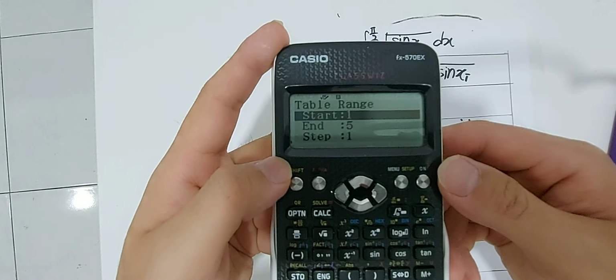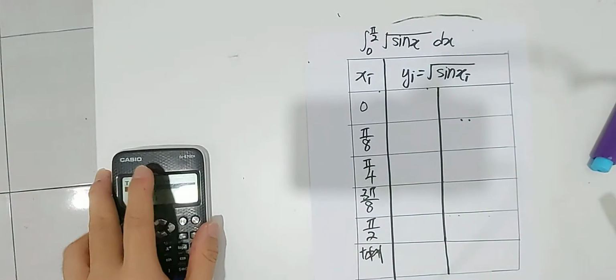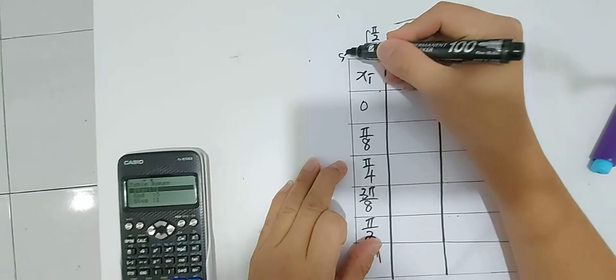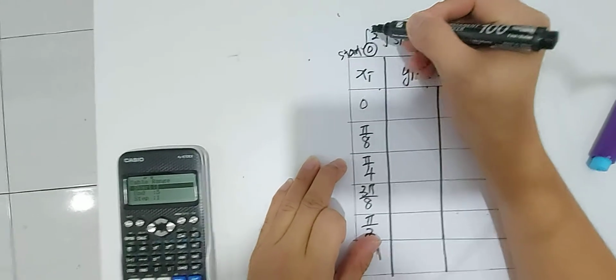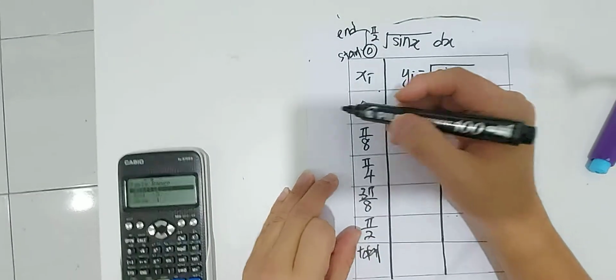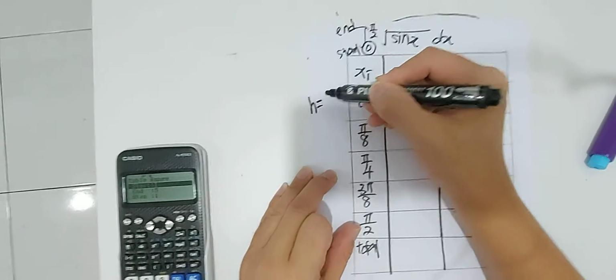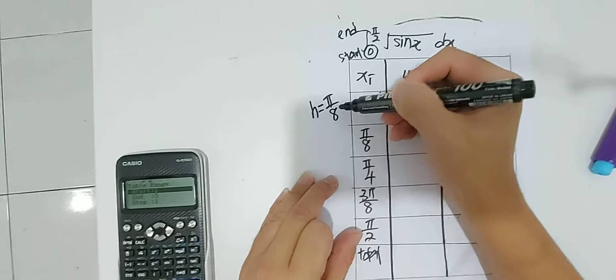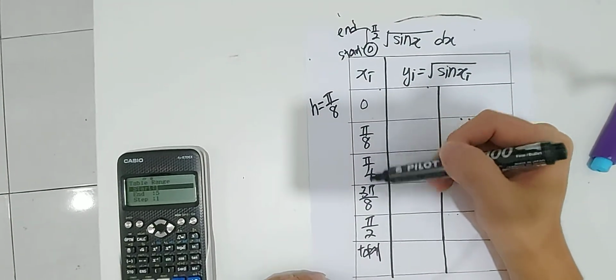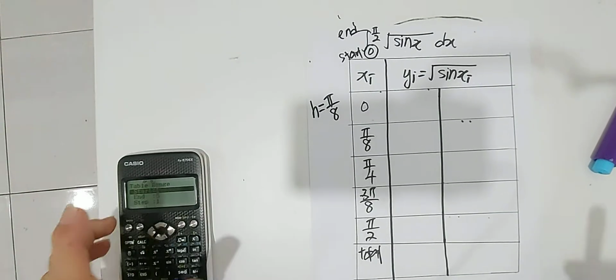So we have start, end, and step. As we revised, this will be your start value, and this will be the end, and the value of h here will be pi over 8, the length of each interval. So pi over 8 is the step.